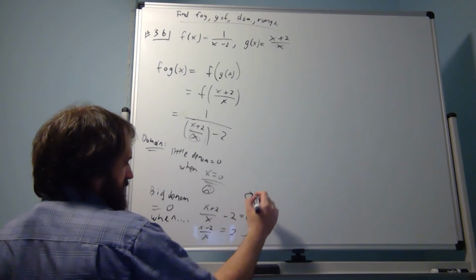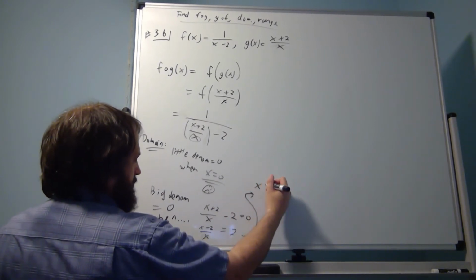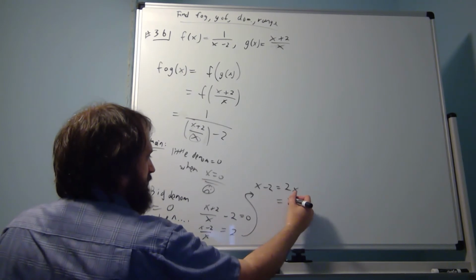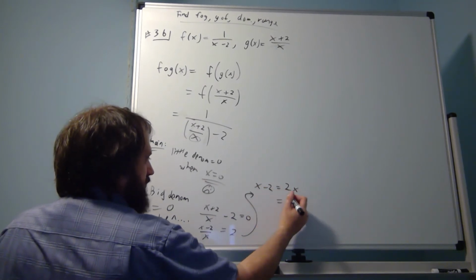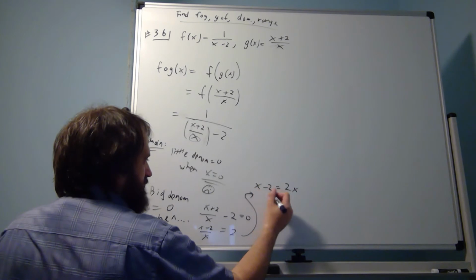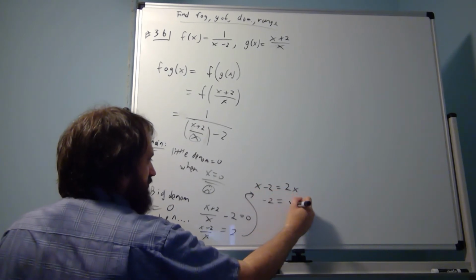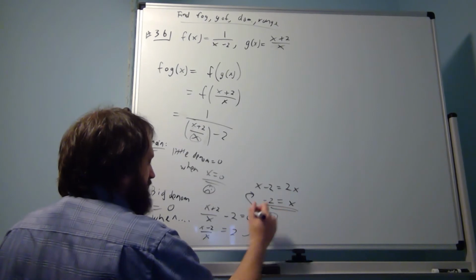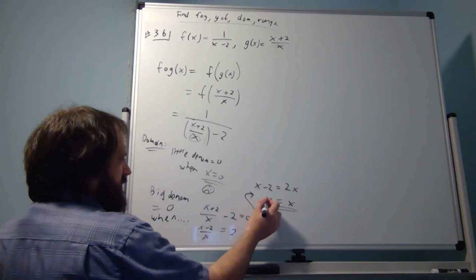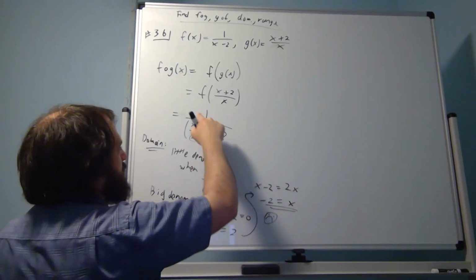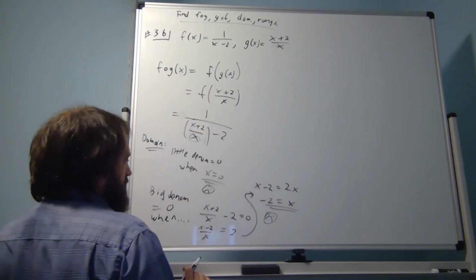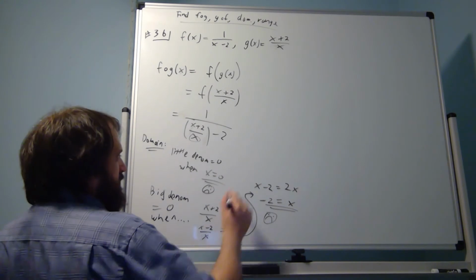I wish I had a larger dry erase board. You multiply both sides by x, and then subtract x from both sides. You'll get -2 is equal to x. So that's not in the domain, and that's not in the domain. The numerator doesn't have a little denominator, so those are all the denominators in this entire picture.